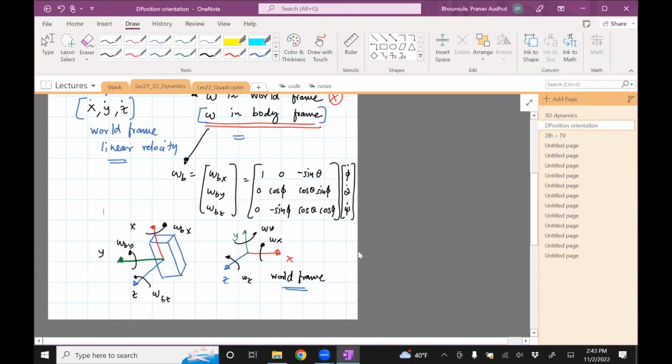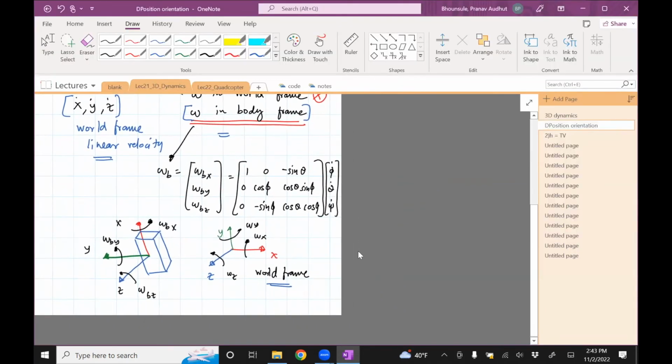Now I've written the inertia about the body frame, which is here. So this is the inertia about this x, y, z. When I rotate the object, the inertia about x is here and will remain here. No matter how you turn this, the inertia about the body frame remains the same. It does not change because it's a property of the body.